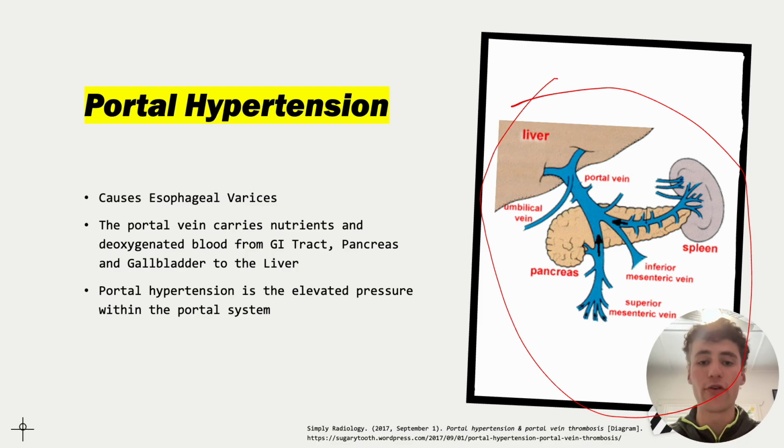If it cannot flow through the liver, then the portal pressure rises and the blood will divert through collateral vessels. These collaterals relieve some of the pressure but will become dilated and fragile, which is why varices form and may rupture. Portal hypertension is a pressure gradient of 5 millimeters of mercury or more. However, 10 is when it is considered clinically significant.